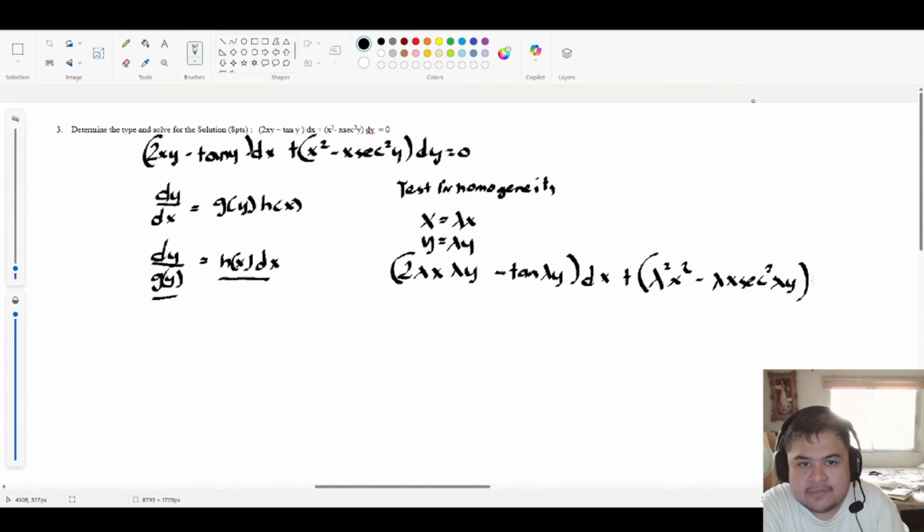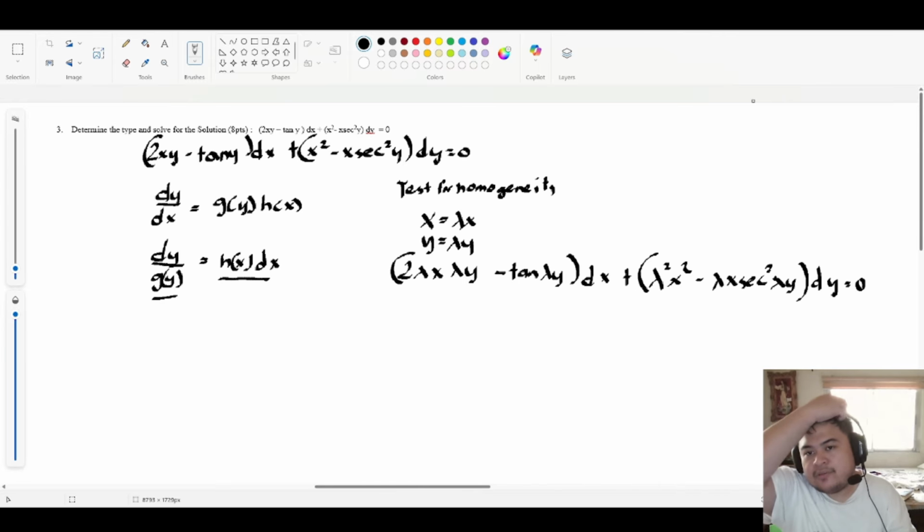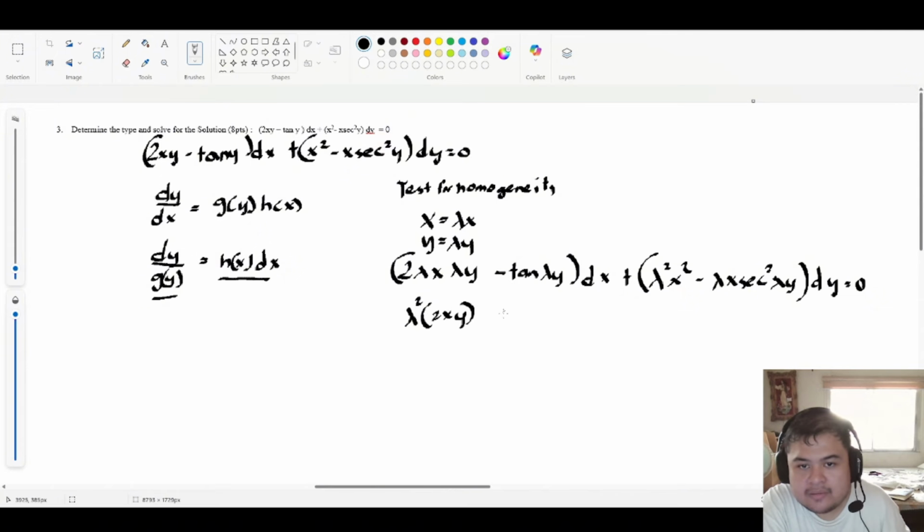When you substitute lambda x and lambda y, you try to separate lambda. Because lambda x and lambda y are here, we can separate lambda from xy. But because tangent y has lambda inside, we cannot simply separate that.